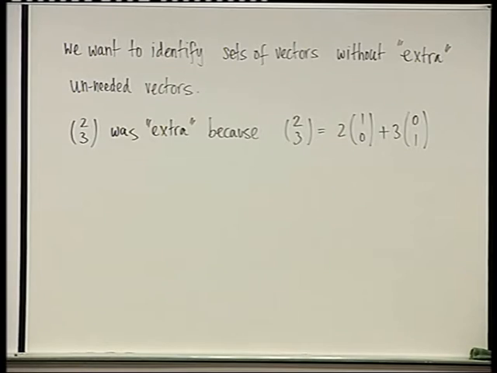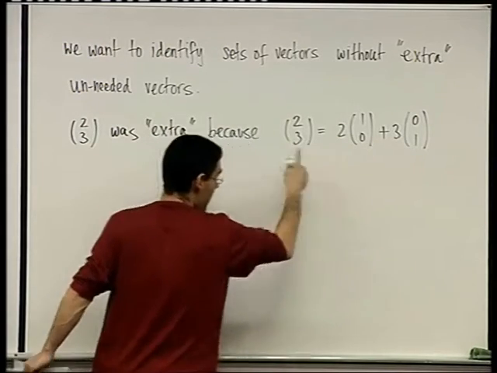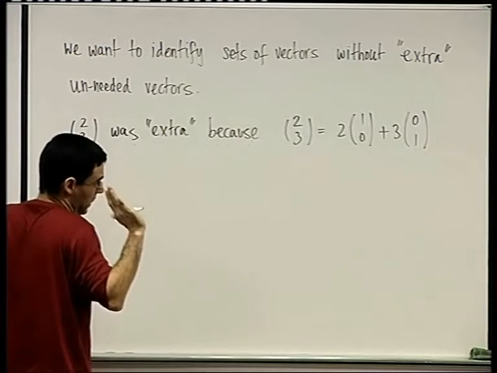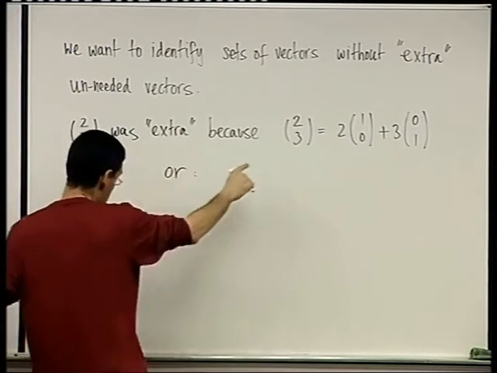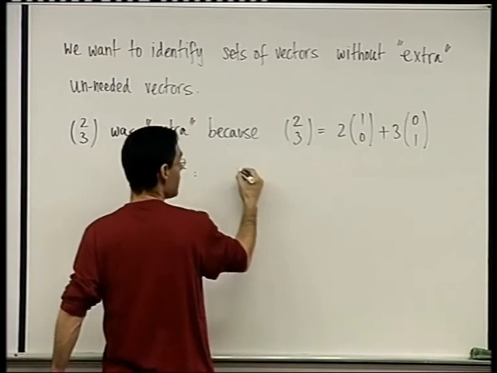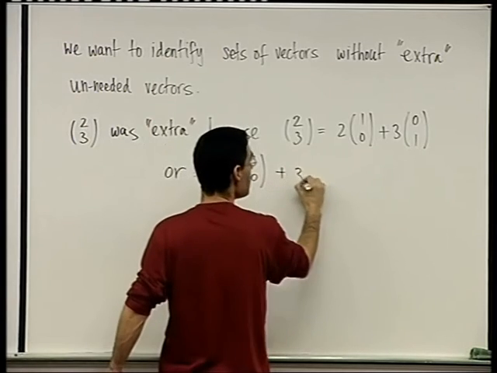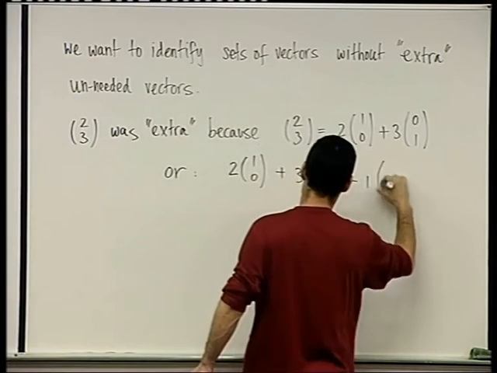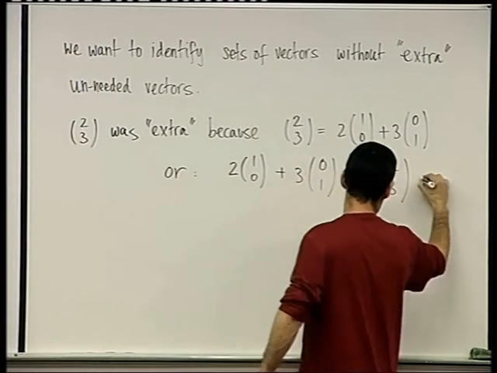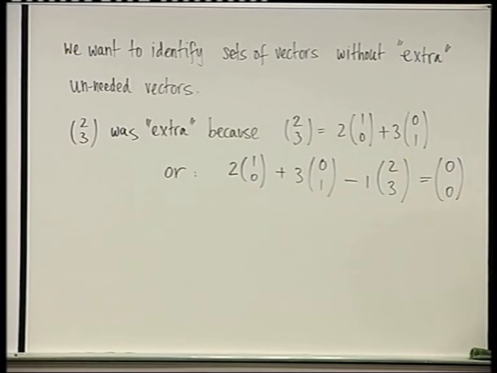Okay? And this statement can be rewritten, just a different way of writing the same thing: 2 times (1, 0) plus 3 times (0, 1) minus 1 times (2, 3) equals 0. Do you agree that this is the exact same statement as above?